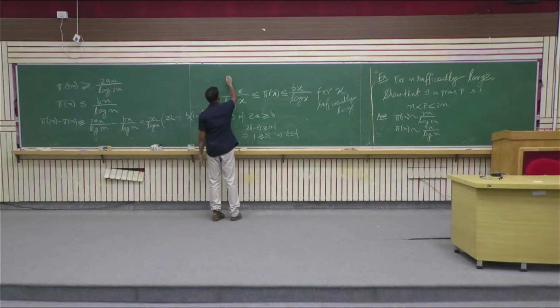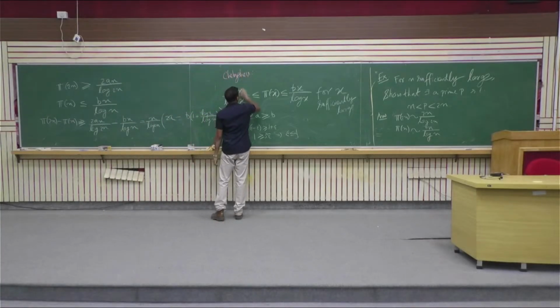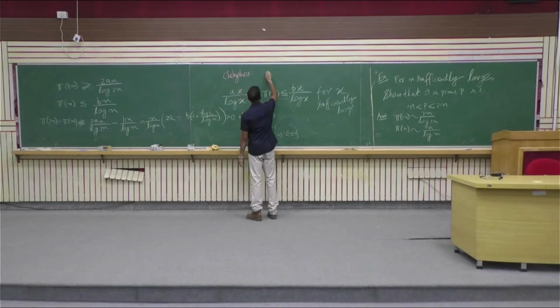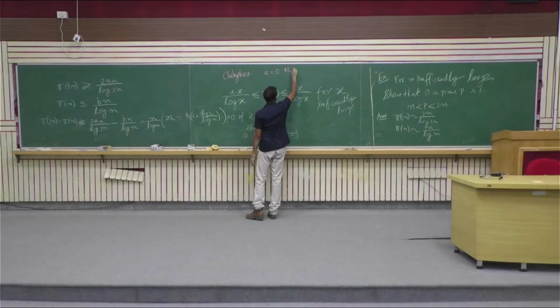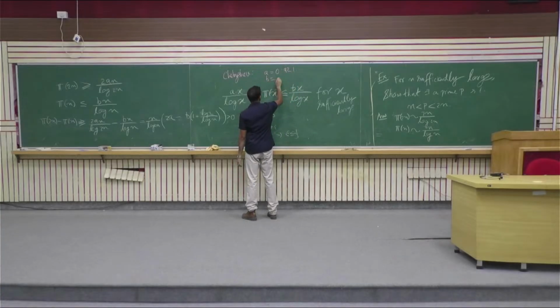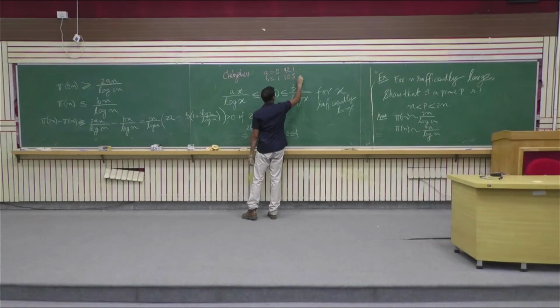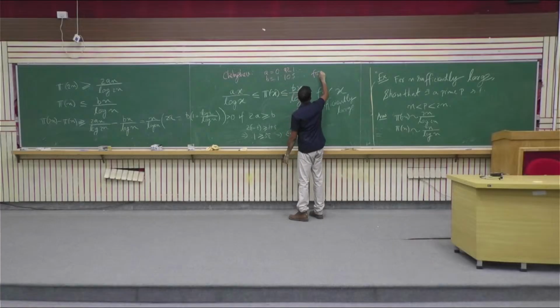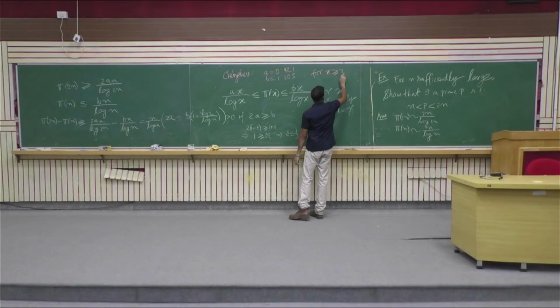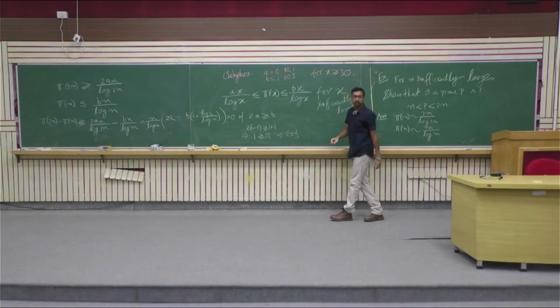Okay. So Chebyshev originally proved it with a equal to 0.921 something and b equal to 1.105 dot dot, for x larger than or equal to 30.